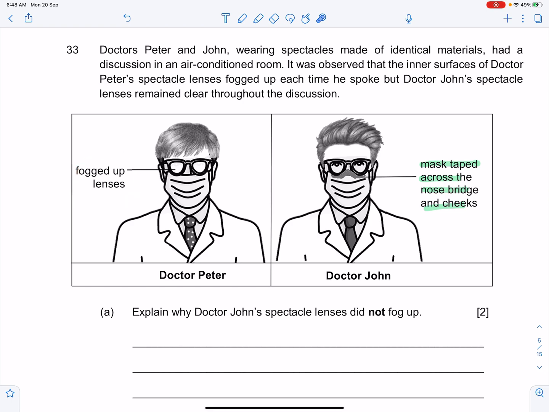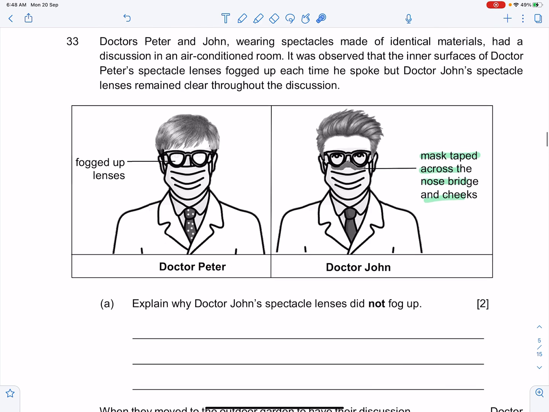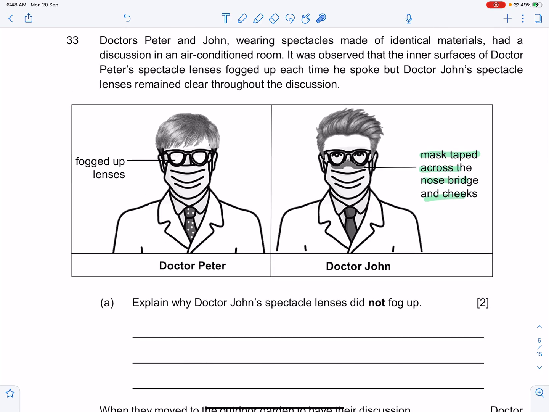So when you think about it, what is this fog that they are talking about? I think it's important, right? So this fog is actually tiny water droplets. So if there are tiny water droplets being formed, then some form of condensation must have happened, correct?